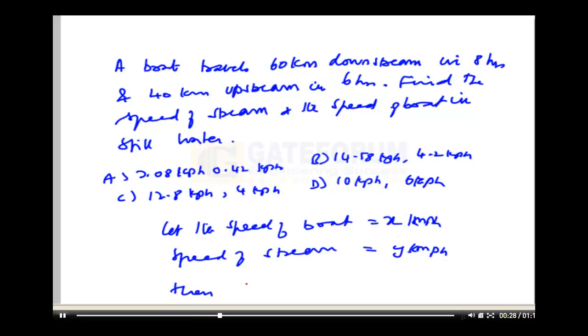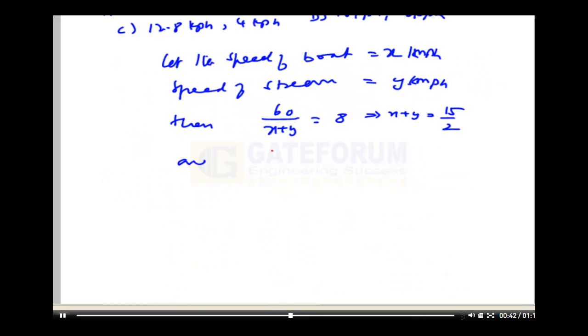Then downstream 60 kilometers in 8 hours will become 60 at the rate of x plus y is 8, which means x plus y is 15 by 2, and 40 at x minus y is 6. So x minus y is 20 by 3.